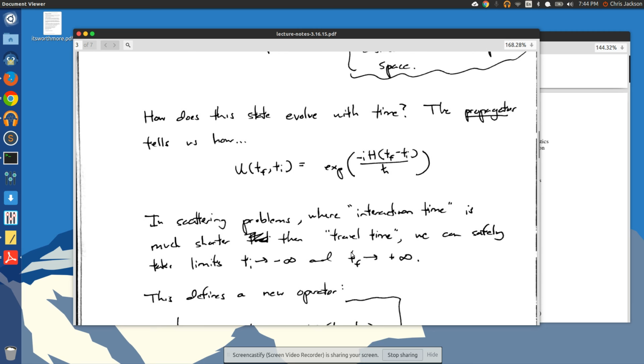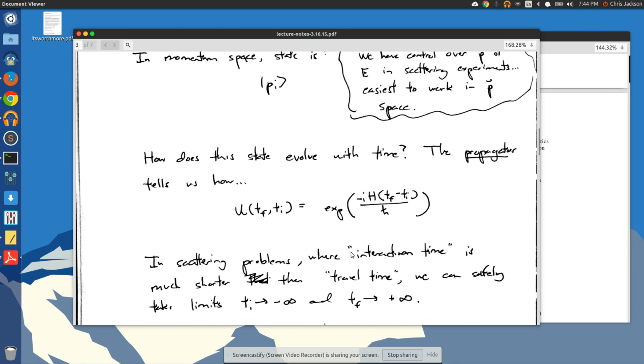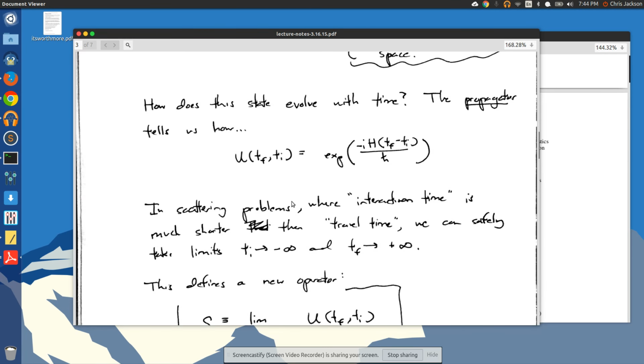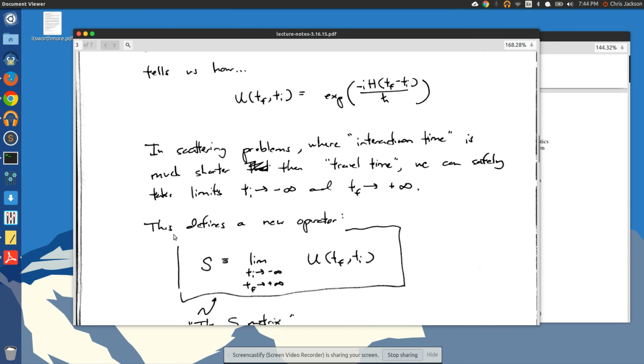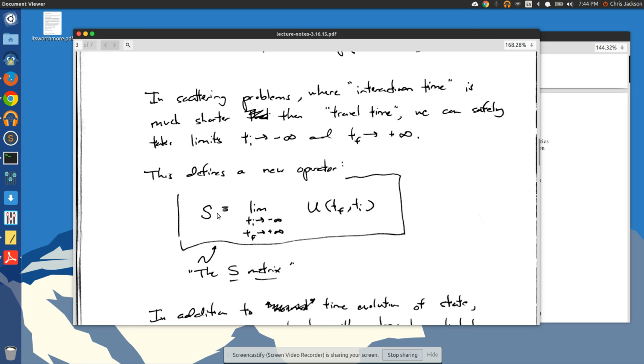Again, we can make use of the fact that the interaction time, the time that the particle in the beam interacts with the particle on the target, is so short that we can actually take the limit where the initial time goes to minus infinity and the final time goes to plus infinity. And when we take those two limits, we end up with a new operator. This operator is denoted by S, and somebody gave it the name, the S matrix.